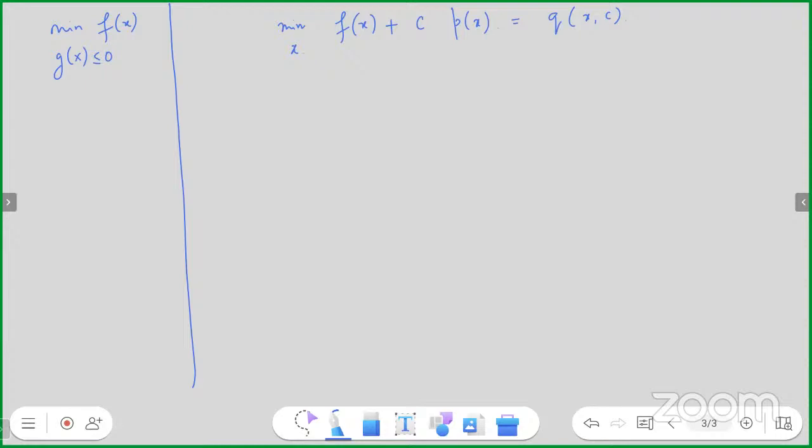This is the problem I want to solve. Here is the problem I'm actually going to solve. Now, suppose I do it for a fixed c. Is it at all useful, or should I do something else? Or you can prescribe a procedure of selecting c.